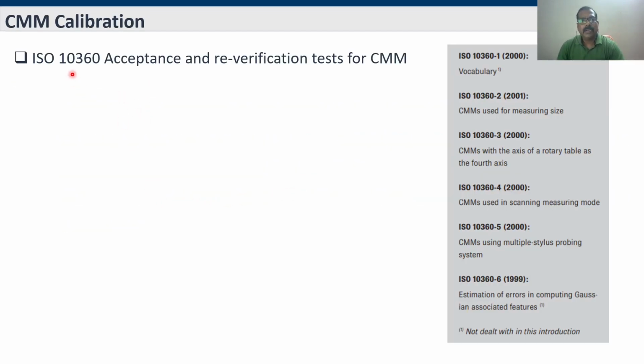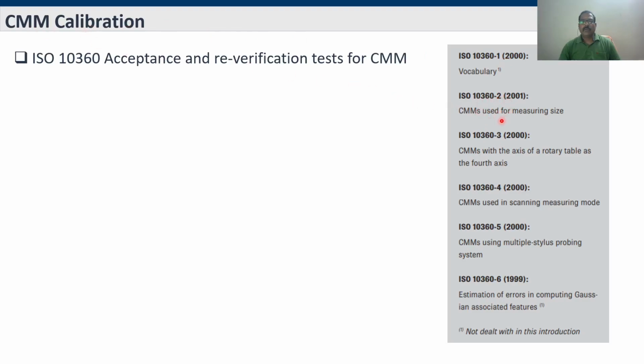As I said, for CMM calibration, ISO 10360 comes with subclasses 1 to 6: acceptance and verification tests for CMM, and acceptance and re-verification tests for CMM. It comes with 1, 2, 3, 4, 5, 6, each subclass with a different name. ISO 10360 dash 1 comes with the vocabulary used in calibration for CMM.